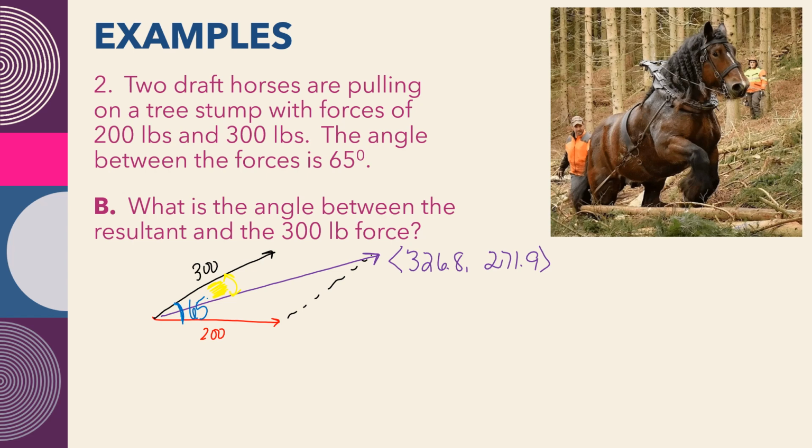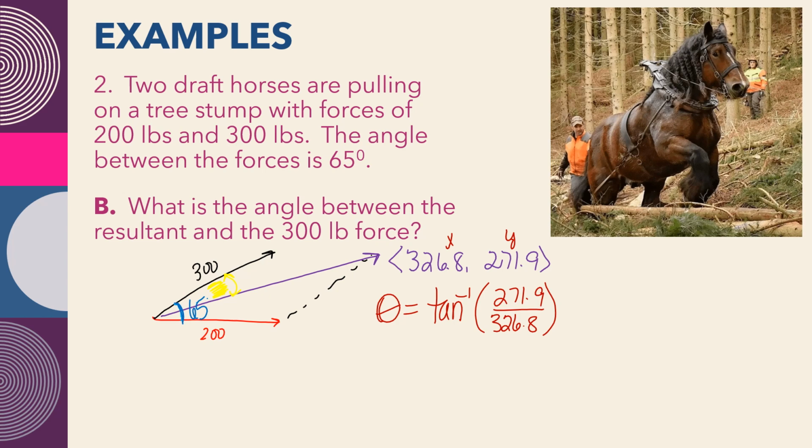So we're going to use component form of the resultant and find an angle measure. Cool, we got that. So theta, that's going to be tangent inverse of the y over the x, the sine over the cosine, or the b over the a, however you would like to think about that. So tangent inverse of 271.9, that vertical component, divided by horizontal component, 326.8.